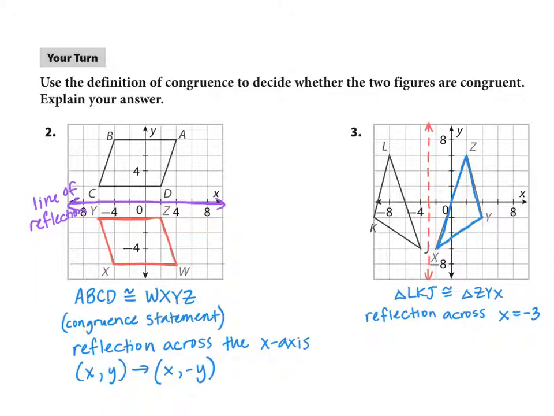So it is possible if you want to use multiple transformations, but sometimes there could be a more efficient way. So if you did put reflect across the y-axis and then translate left 3 times, which we can write rules for, that is an option. Reflection across x equals -3, there isn't really a coordinate rule that we can put down, so I'm just going to leave it like this.